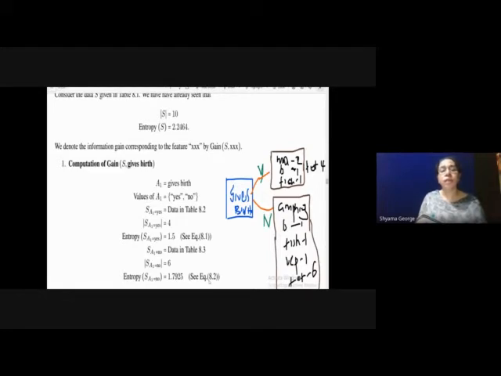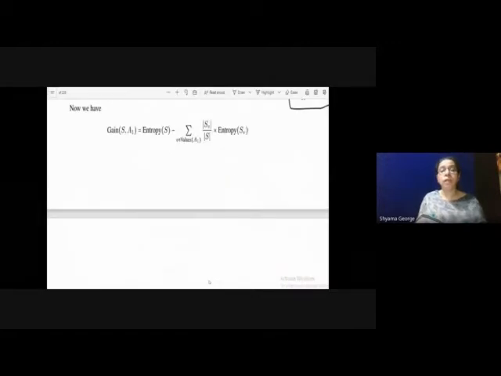Computation of gain for gives birth. Gives birth has yes and no values. So SA yes is equal to 4, and the entropy of SA yes we calculated is 1.5. SA no is equal to 6, and the entropy of SA no we have calculated is 1.7925. Then we can apply this formula: gain of SA is equal to entropy S minus the sum over values V of A of SV divided by S into entropy of SV.